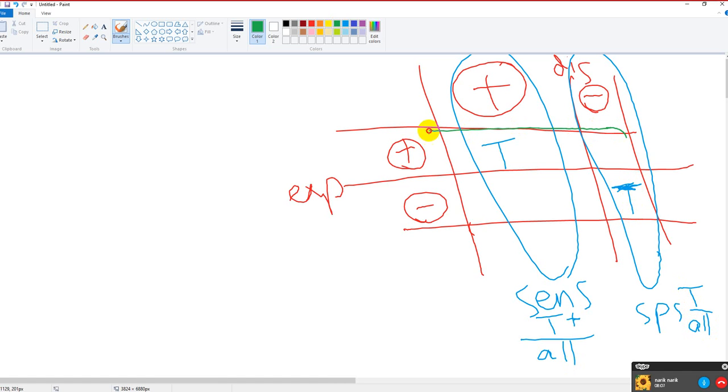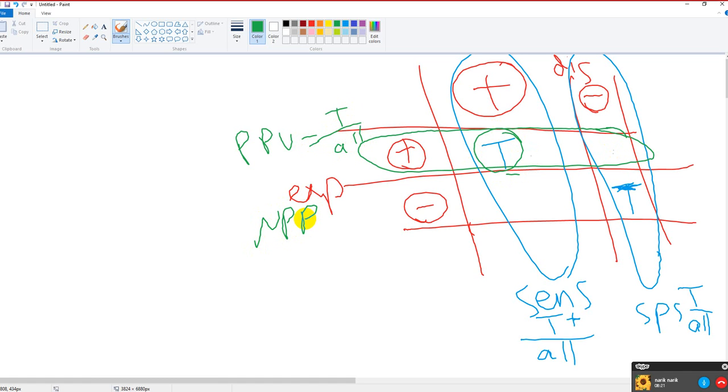Now we will talk about the positive predictive value. It's the same thing, true divided by all. All means just those two things, the first row. Negative predictive value is true against true overall, divided by all.